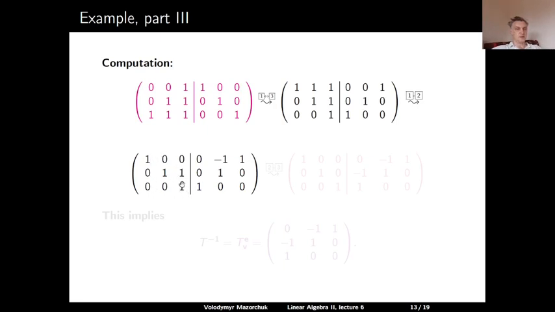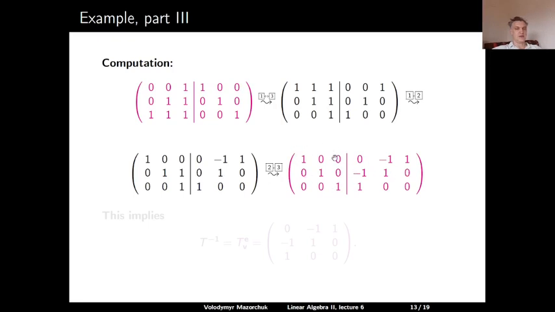In the third column we have 1 here, and we need to kill this one. So we subtract row 3 from row 2. Rows 1 and 3 remain the same, and the new row 2 becomes 0 minus 0 is 0, 1 minus 0 is 1, 1 minus 1 is 0, 0 minus 1 is minus 1, 1 minus 0 is 1, and 0 minus 0 is 0.